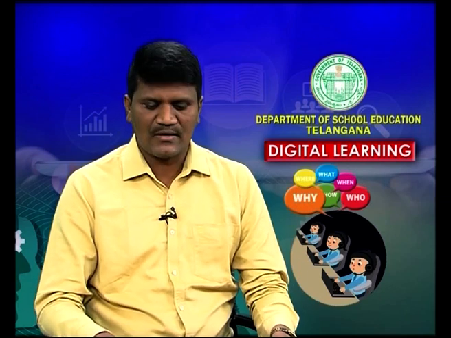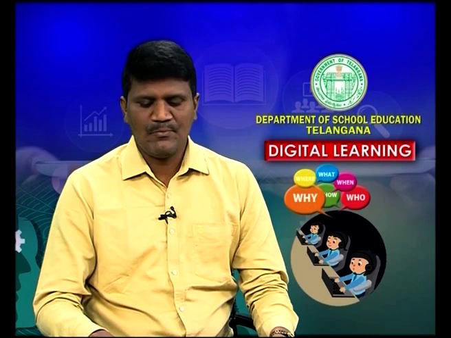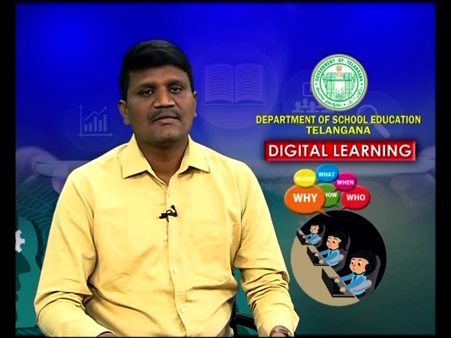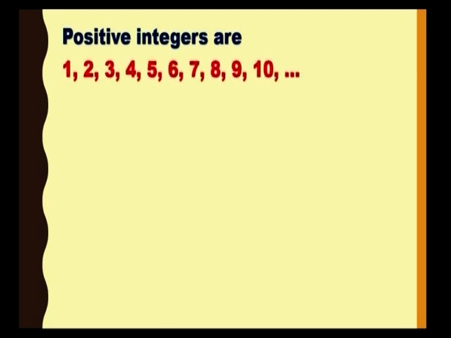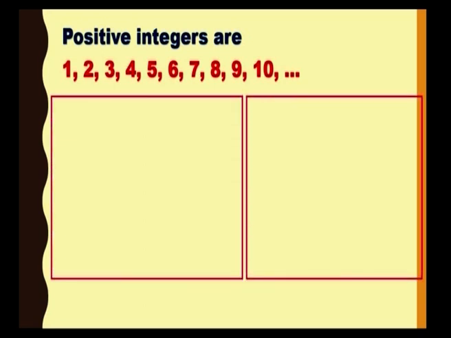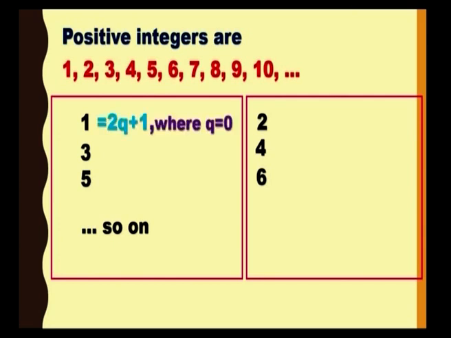In visualization, the positive integers are 1, 2, 3, 4, 5, 6, 7, 8, 9, 10 and so on. These are all the positive integers. Now 1 I can write as 2q plus 1, where q is equal to 0.